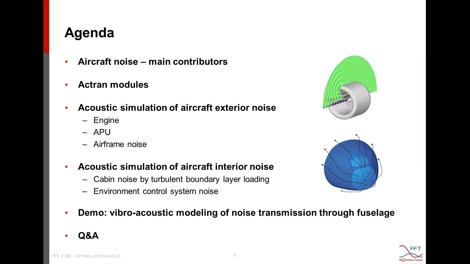So let's take a look at the agenda of today. First, we will give a very brief review on the main contributors of aircraft noise. And then we will take a look at the Actran modules, which is also a review of the modules, and see how these modules could be applied to solve different aspects of aircraft noise.